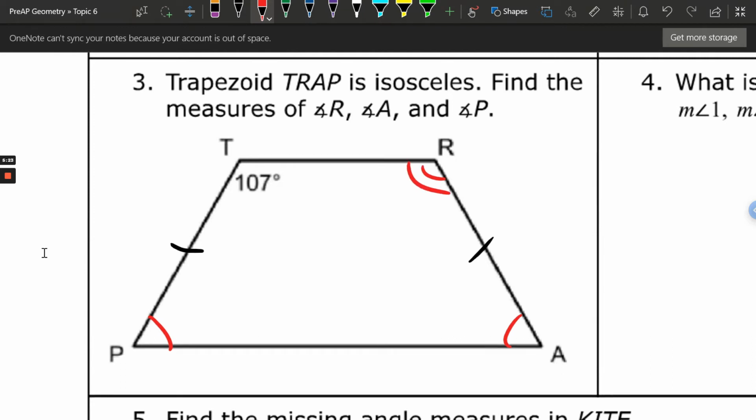Just like in the diagram in our notes, we're going to add in all of those congruent angle marks, the congruent leg marks, and why not, the parallel lines as well. So we've got my picture labeled. Find the measures of R, A, and P. After we've drawn everything, it's pretty clear to see that this also has to be 107 degrees.